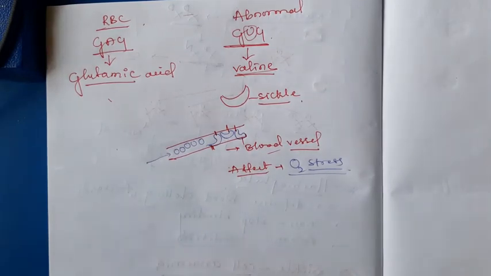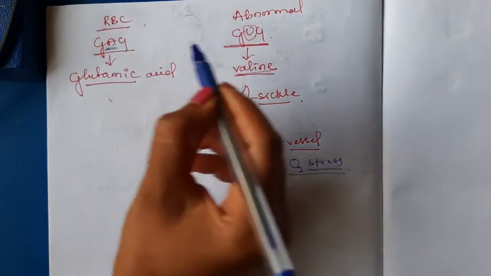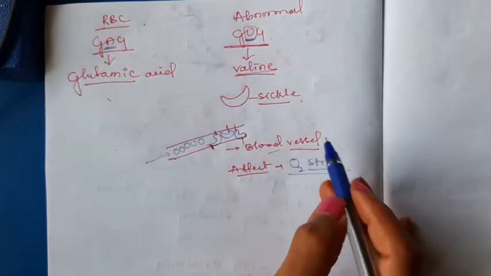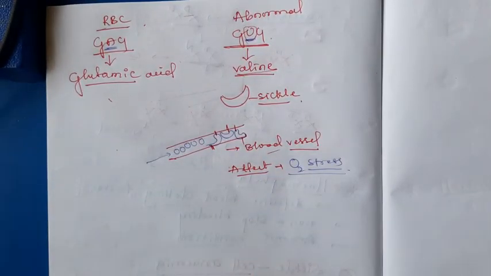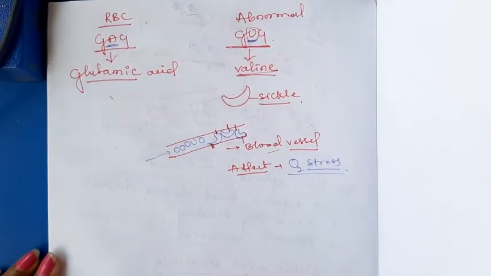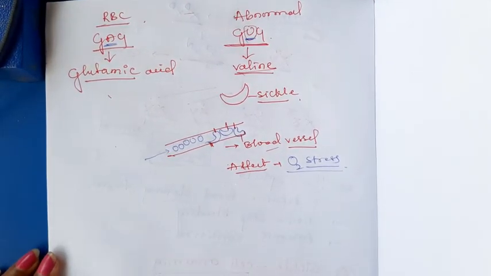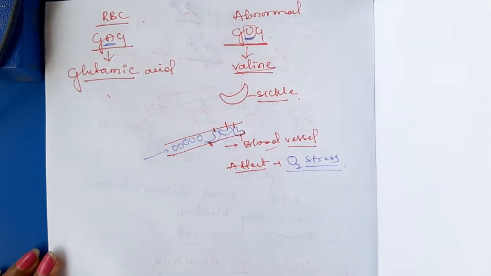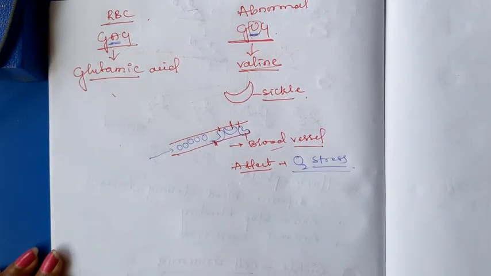Hemophilia is due to the presence of a recessive gene on the sex chromosome. Sickle cell anemia is due to a single point gene mutation. Only a single nitrogen base change can lead to the normal shape of RBC changing into sickle shape. It causes bleeding or disrupts the normal flow of blood.